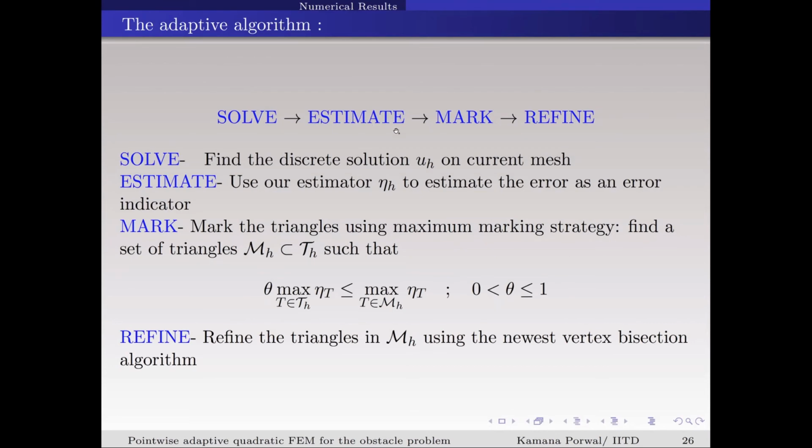We use that to mark the elements for refinement using the maximum marking strategy. Finally, we use the newest vertex bisection algorithm to refine the marked elements. This process will yield the adaptive mesh.